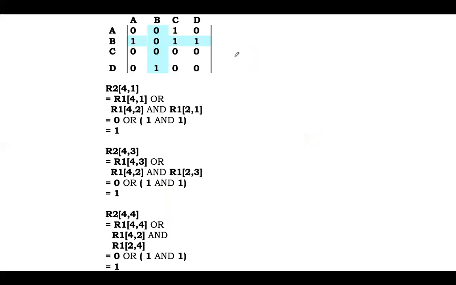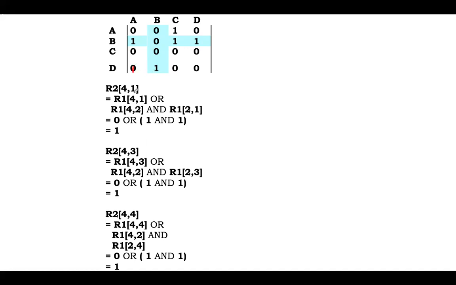In the matrix R1, you should select the second column and second row. Here 1 is there, and in this location 1, 1 and 1 are there. So this one and this one will intersect at this location.